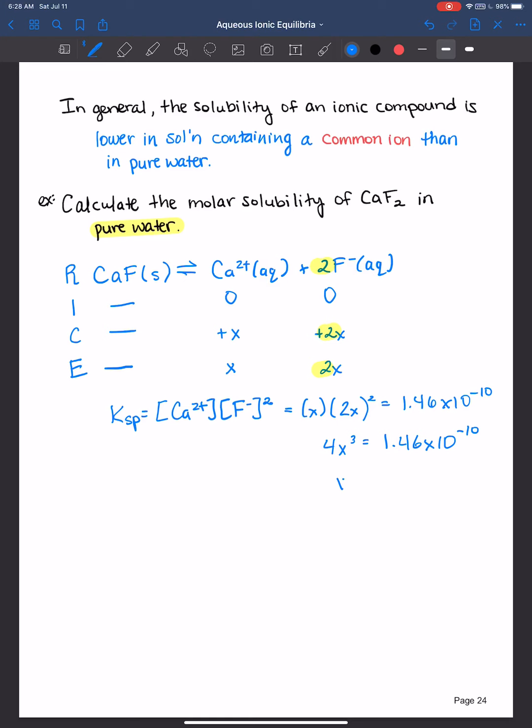So when we calculate x, it is equal to 3.32 times 10 to the negative fourth molar. And this is the molar solubility of calcium fluoride in pure water.